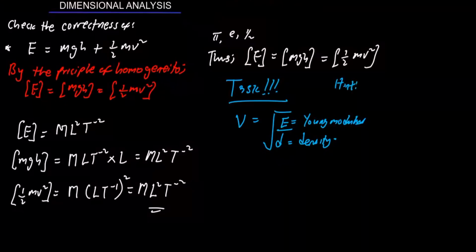Your Young modulus is what? Stress over what? Over strain. This strain does not have dimension, it's dimensionless. And this stress has the same dimension as pressure that I've done before. So the gist is just that the dimension of this will be equal to the dimension of everything you have here. Then you work it out.